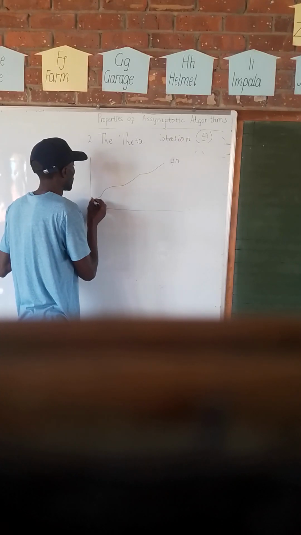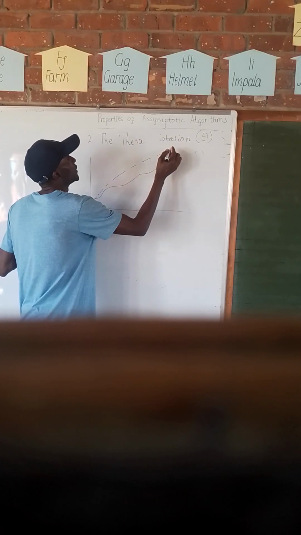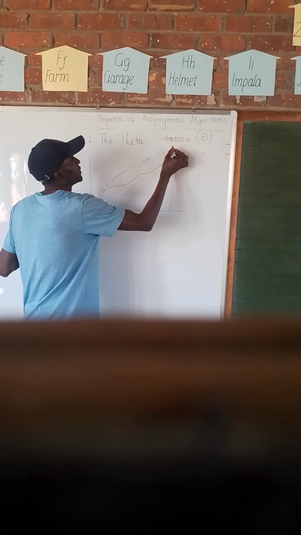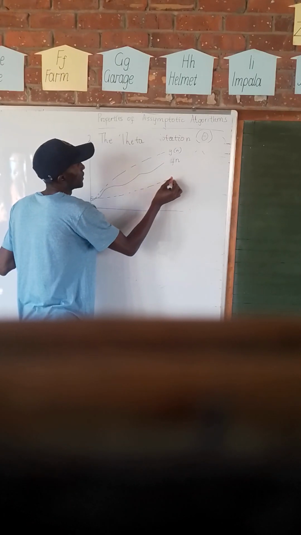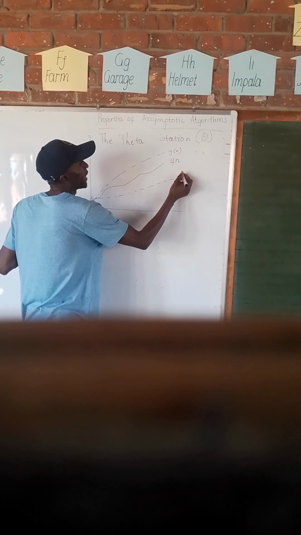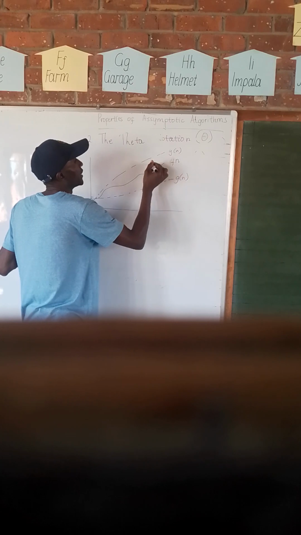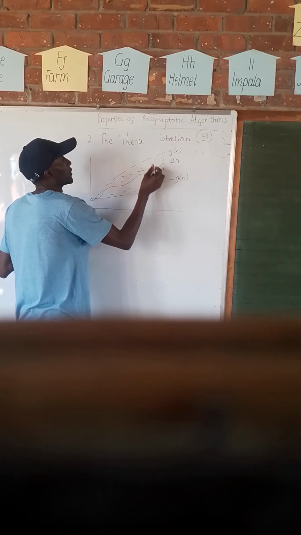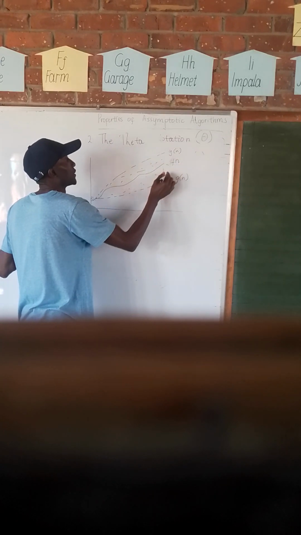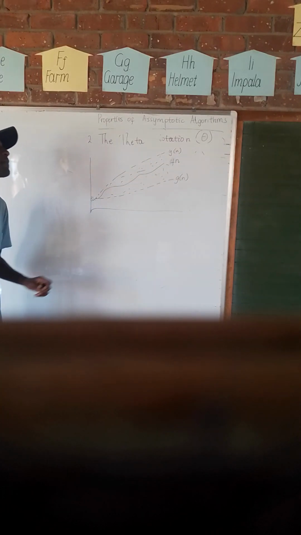Then this is the upper bound, which is the g of n. Then this will be the lower bound. You can shade this region.